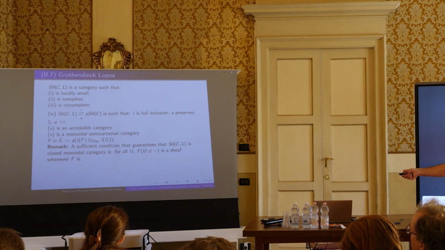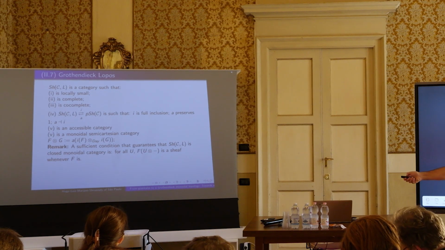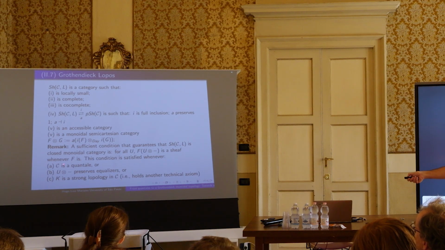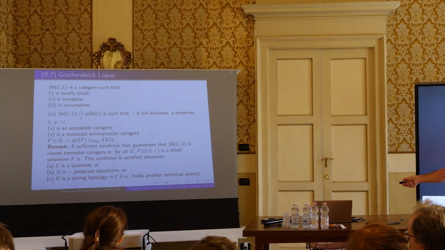So if F is a sheaf, F of U times something is still a sheaf. This holds if the category is a quantale, or if the functor tensoring with an object preserves equalizers, or if another technical axiom holds that involves some factorization.